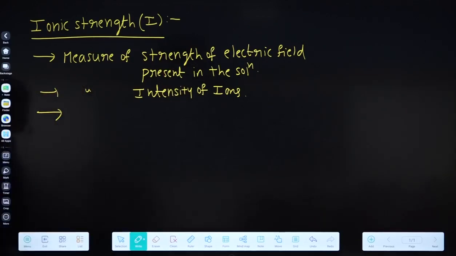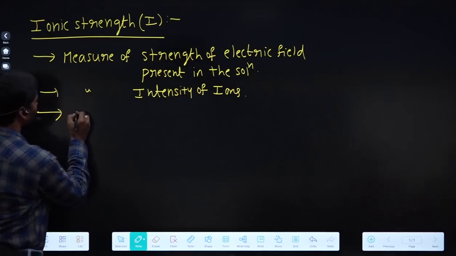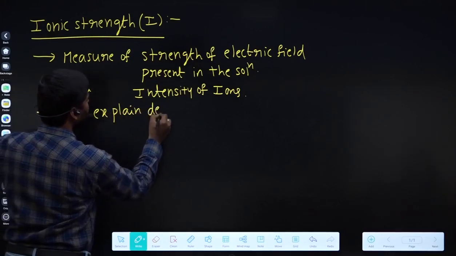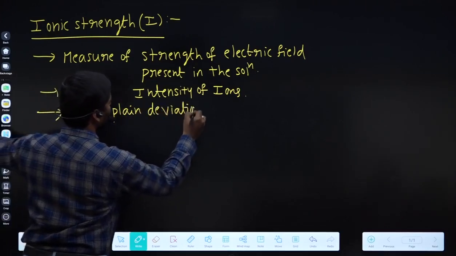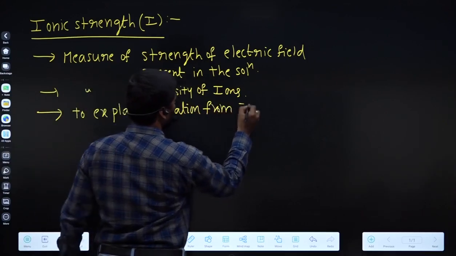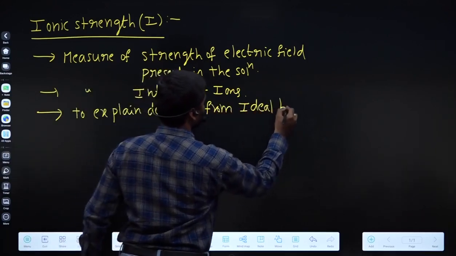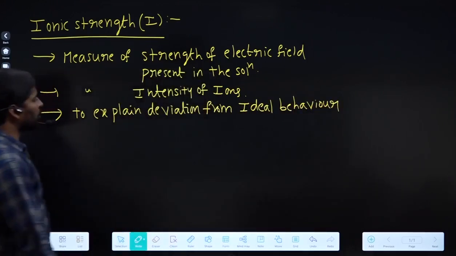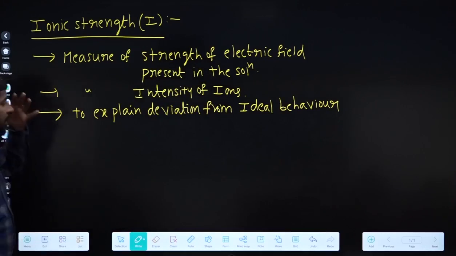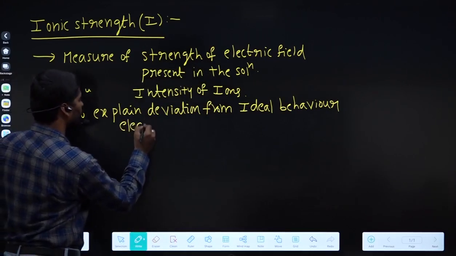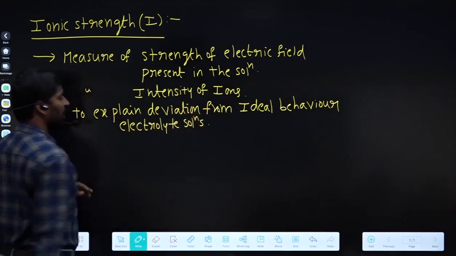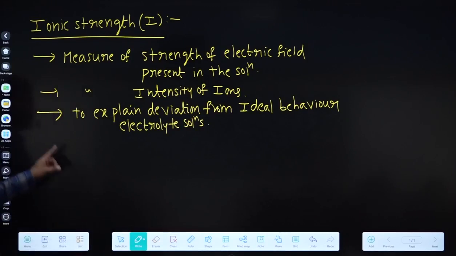This ionic strength concept is also useful to explain deviation from ideal behavior in the case of electrolyte solutions.